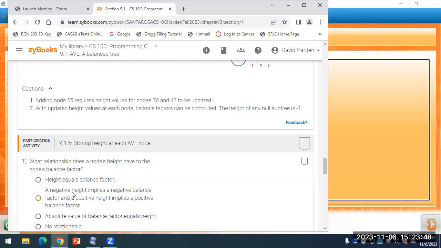No. A negative height would mean that it doesn't have a node. A node can't have a negative height, right? So we can stop reading right there. Absolute value of balance factor equals height.